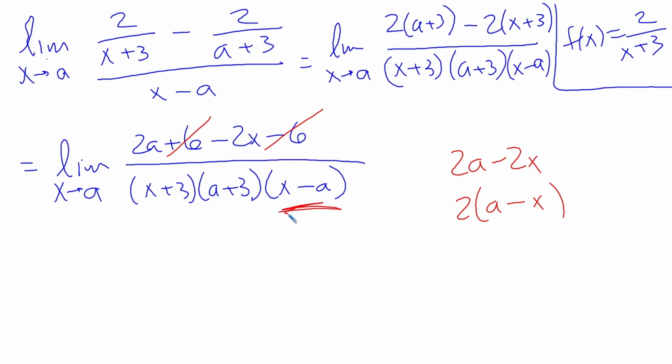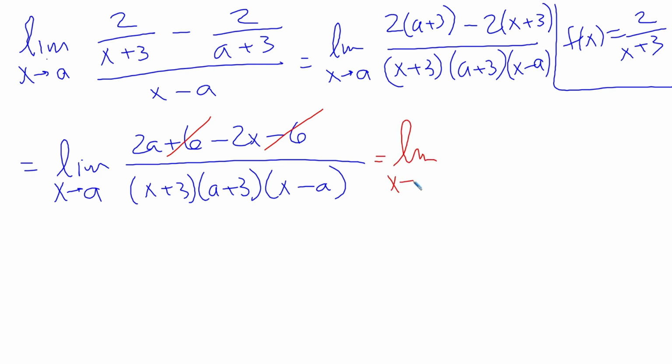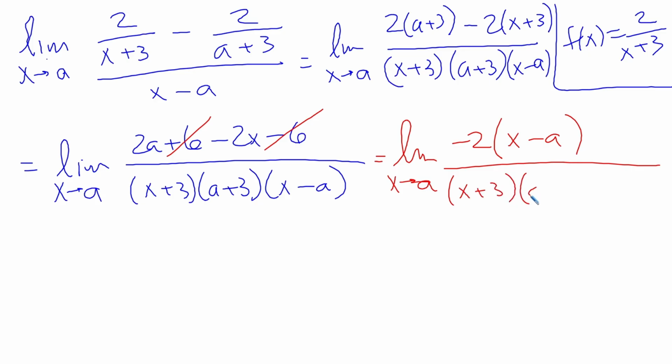So kind of like we did before, we're going to factor the negative 2 out of it to turn that numerator into an x minus a instead of an a minus x. So this is a limit as x approaches a of negative 2 times x minus a over x plus 3, a plus 3, and x minus a.